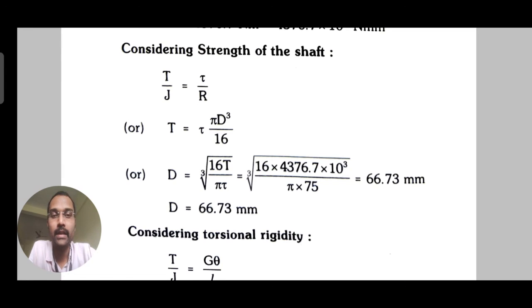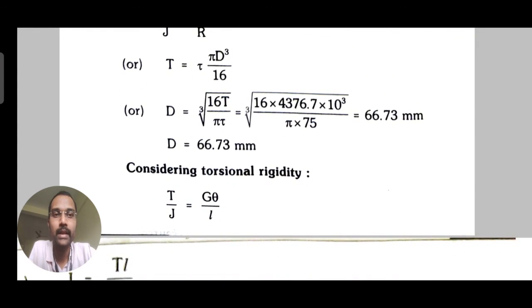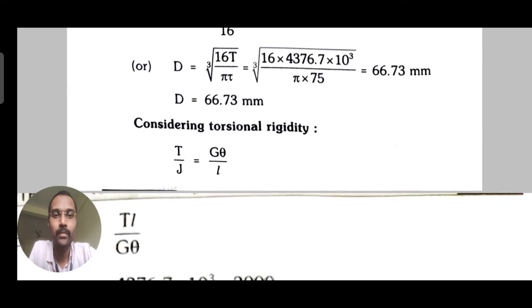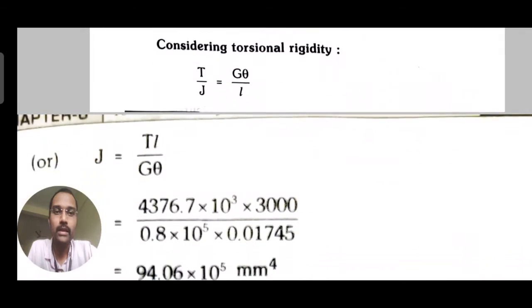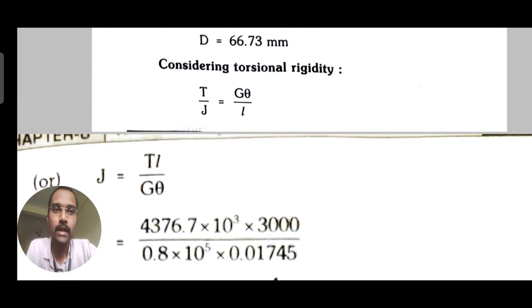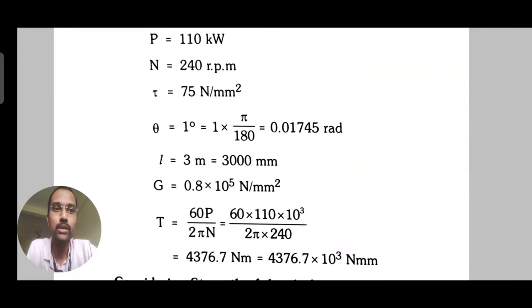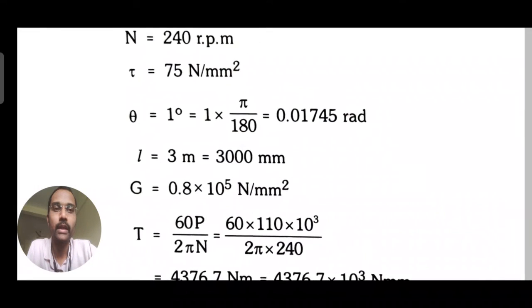There is another criterion on which the design of a shaft is based, that is considering torsional rigidity. What is the formula? T by J equal to G theta by L. From that we find theta equal to TL by GJ, right? So here, what are the known values? We know the torque, we don't know the J, we know the G value, we know theta, that is 1 degree, which you have converted to radians, 0.01745 radians.